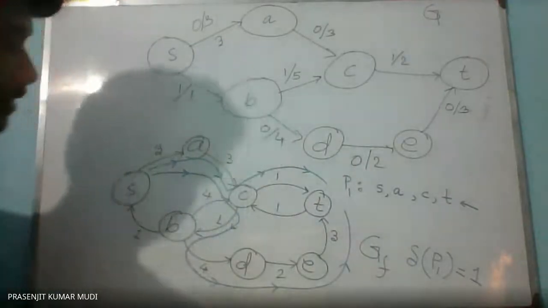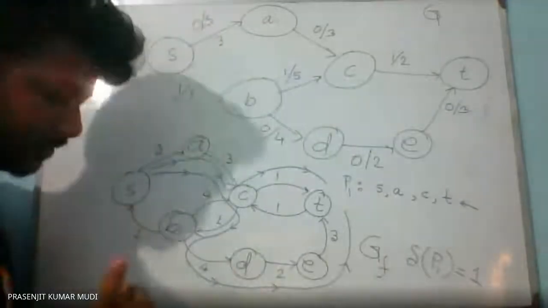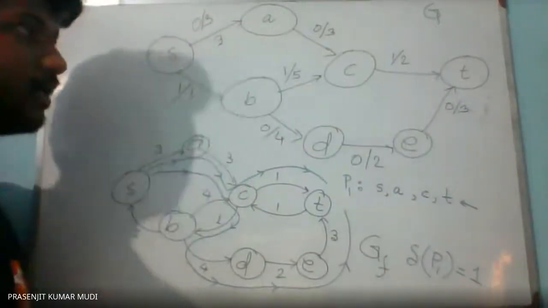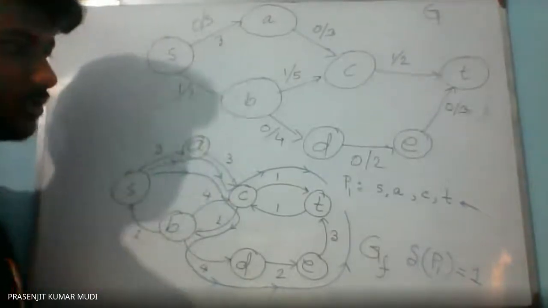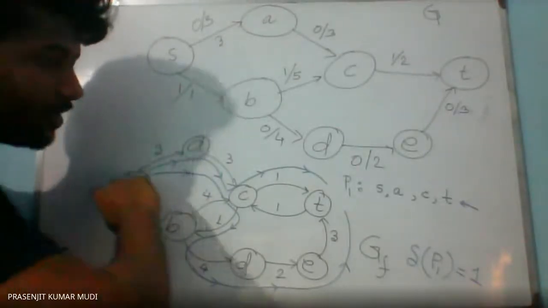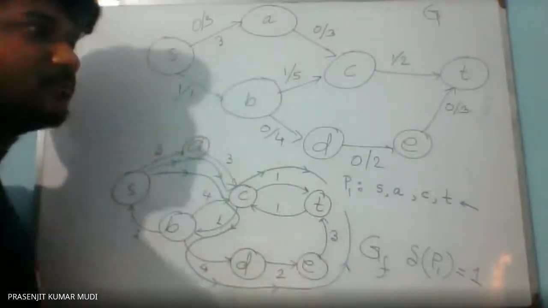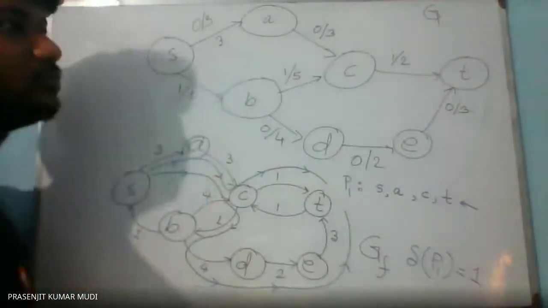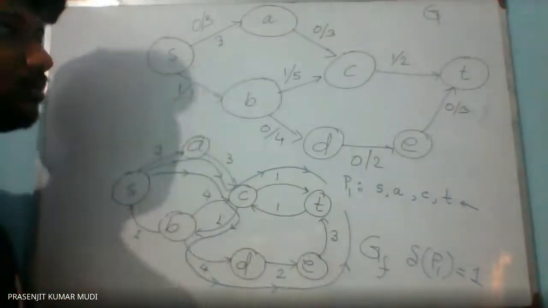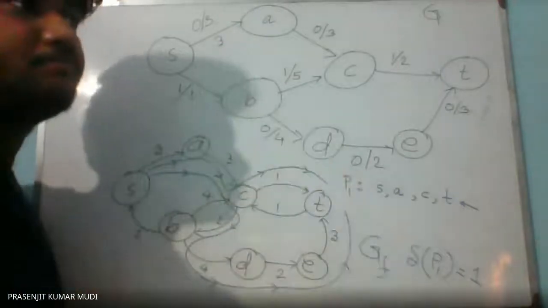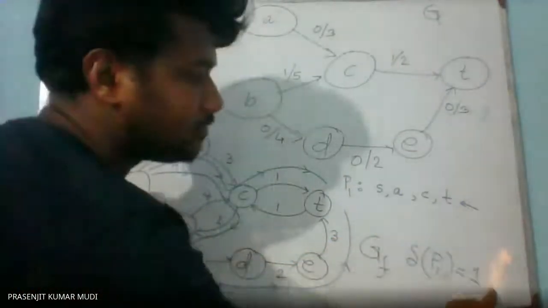Once we find delta P1 equal to 1, then what can we say? The augmenting path algorithm says that after finding the augmenting path, you can increase the flow of all the edges along that augmenting path by an amount of delta P1.